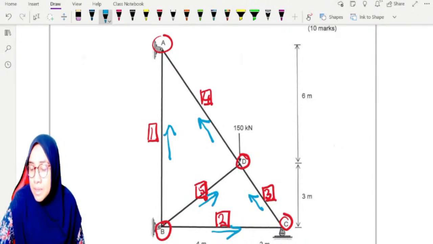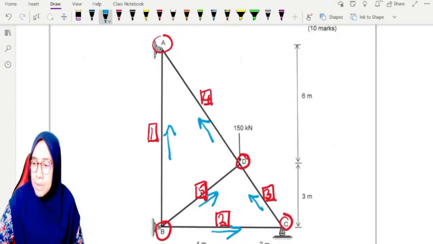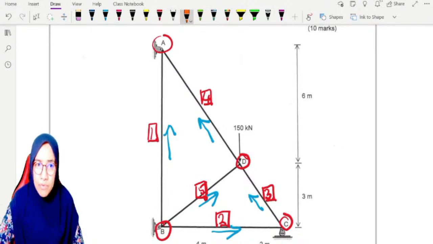Then next one is degree of freedom. This is the most important part. By identifying the number of nodes, we can identify the number of degrees of freedom, but we need to divide it into the unconstrained system and the constrained system.